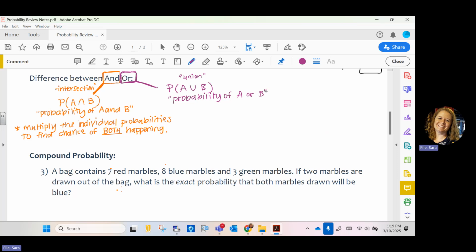And then if you want the probability of A or B happening, you would add the individual probabilities to find the chance of one happening, one or the other.